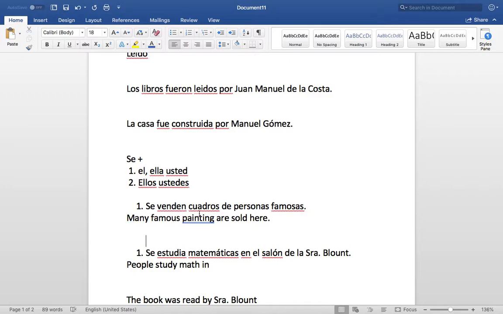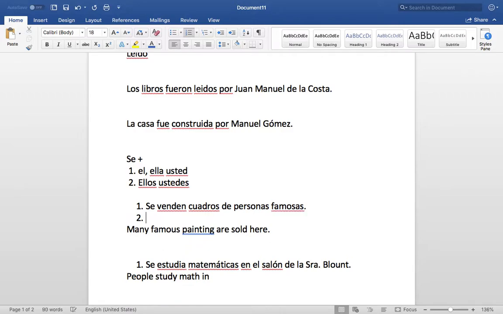Se venden cuadros de personas famosas, okay? This is general information that goes to everybody, all right? This information doesn't go to one specific person, it's for everybody. And also when the person who did the action is not important or we don't know it, that's when we use se pasiva or impersonal se.